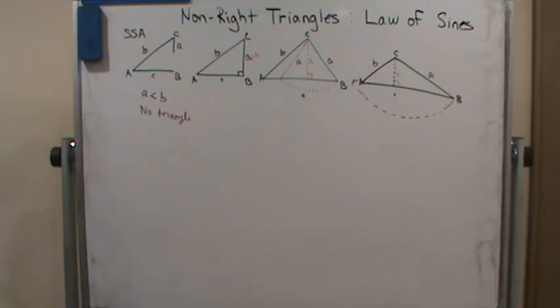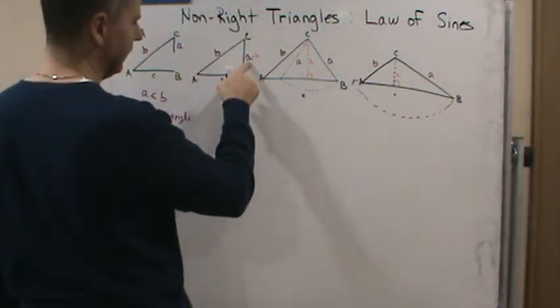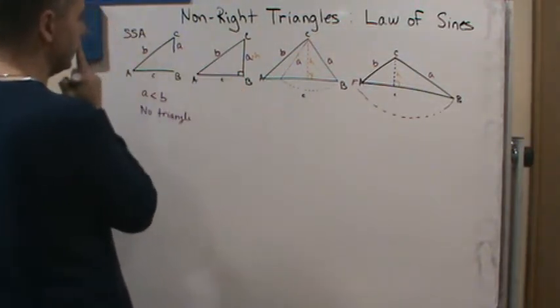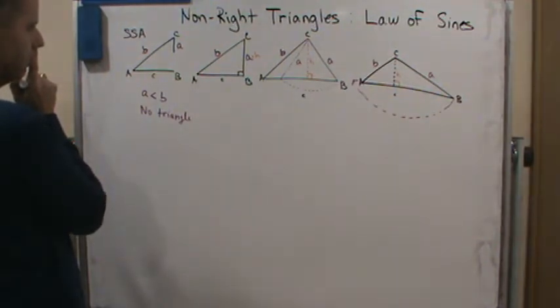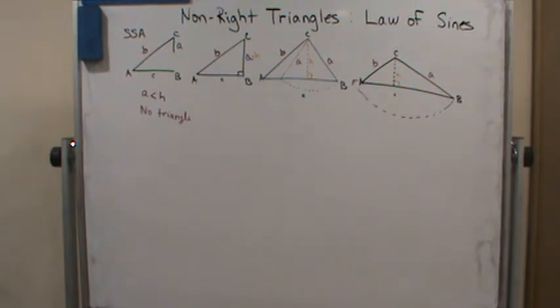It's not even a triangle, so we can't even talk about solutions. Actually, this should be: A is less than h, the altitude. That's what I meant to say. If A is less than h, then we have no triangle.